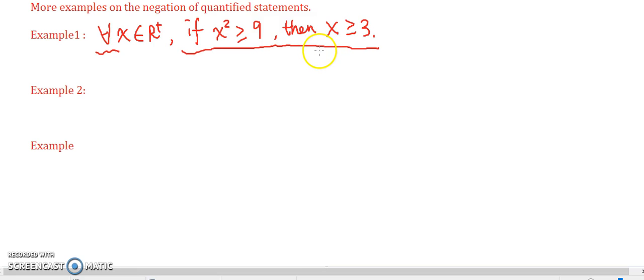So if we remember, when we do the negation of a quantifier statement, we change for any to there exists. So for any real number x, we're doing negation here, following the formula or pattern we learned before.